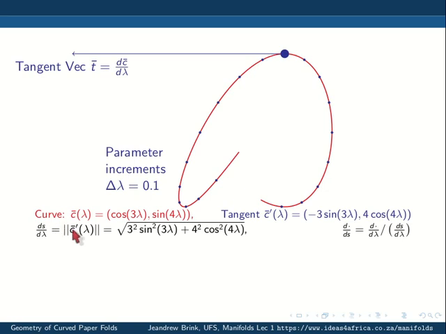You can try and do this integral, but it'll be a lot of work. When I work with these curves, I tend not to do the integral, but whenever I do d ds, I tend to express that in terms of lambda itself.